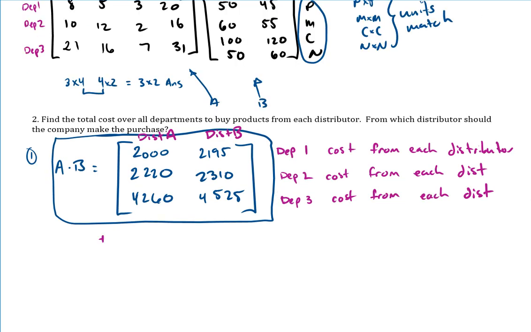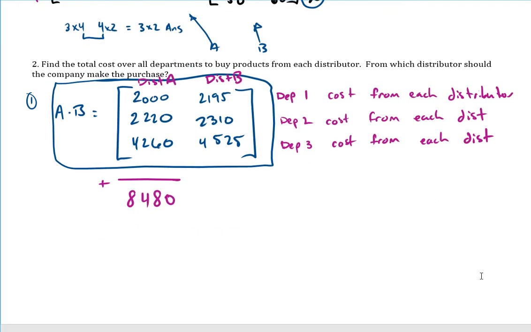So that means they want us to add all of these department costs together by the distributor. Okay, so that means let's just add those together. So we would have 0, 8, 4, and then 8. Okay, so this dollar amount is the dollar amount for all departments added up.